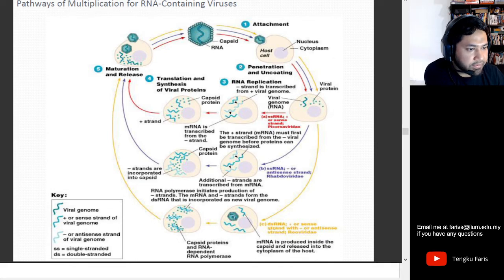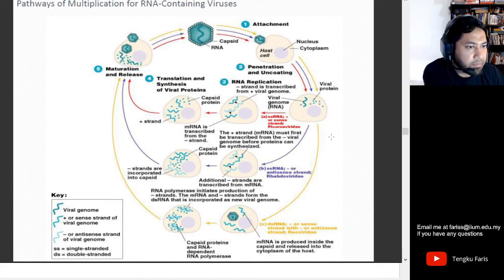So this is the case of double-stranded RNA, whether positive or negative sense. In the case of, for example, Reoviruses, mRNA is produced inside the capsid and released into the cytoplasm of the host cells before the capsid protein is produced and maturation continues.